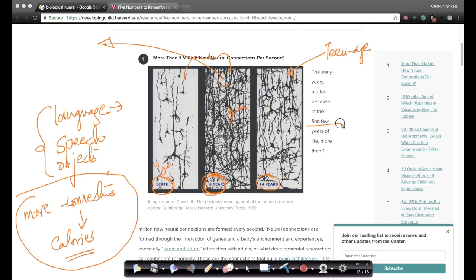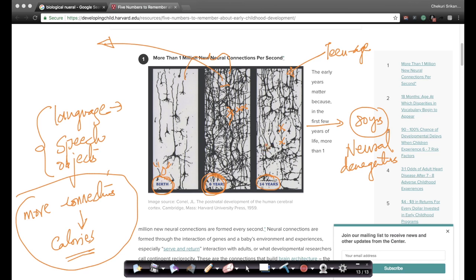And as we grow older, by the time you come to 80 years of age, there is something called neural degeneration. Because our whole body is getting weak, our brain also becomes weak, and some of these connections die. As you might have seen in some older people, they stop recognizing people, they can't hear properly, or they can't communicate properly.